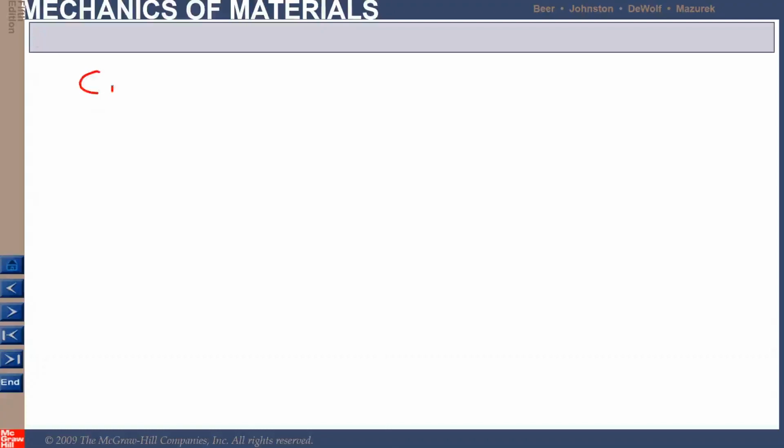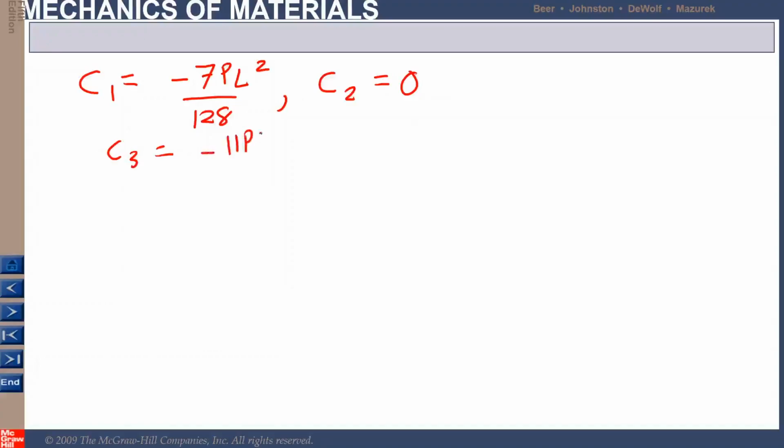C1 is equal to minus 7 PL square over 128, C2 is equal to 0, C3 is equal to minus 11 PL square over 128, and C4 is equal to PL cube over 384.